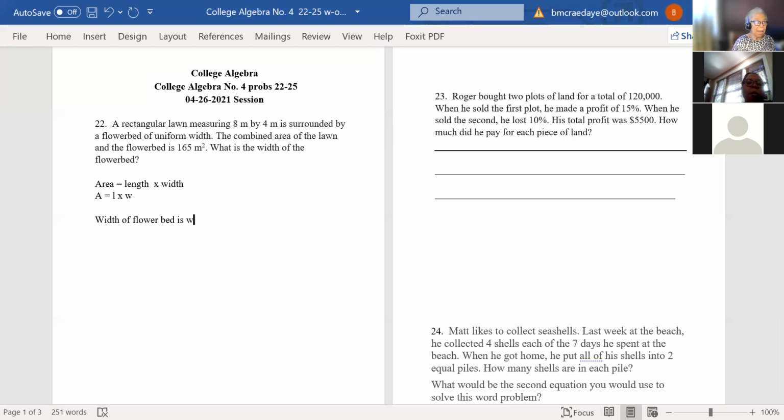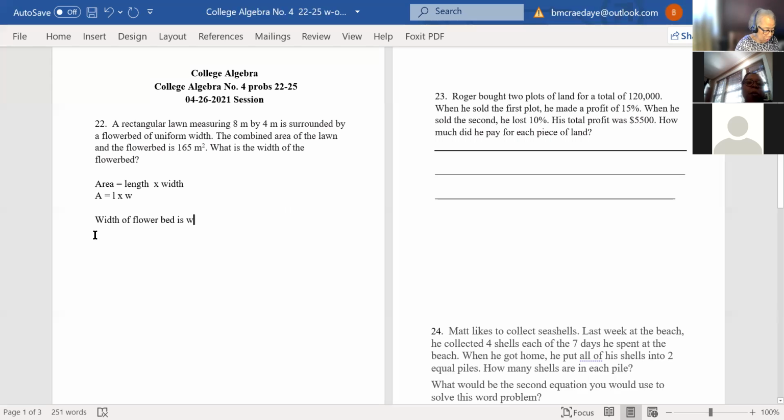Now, the total width and the total length will be 2W plus 4. We have a 4 here, and we have W for the lawn side and W for the flower bed.